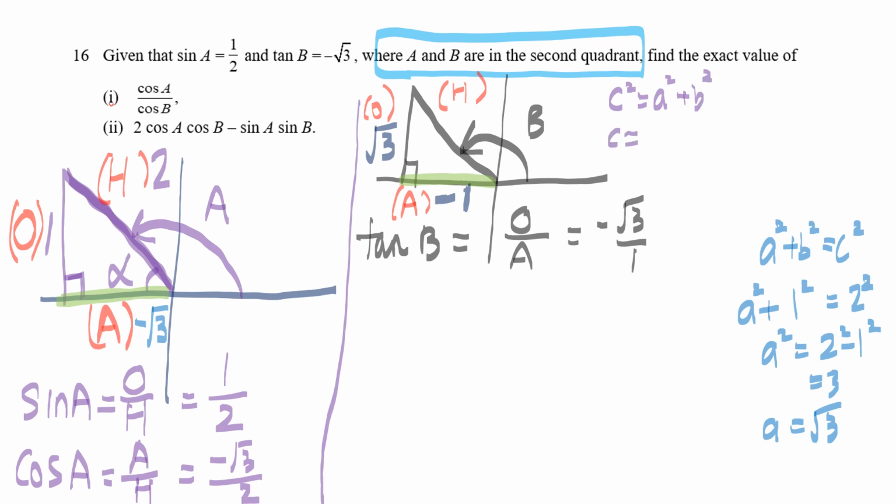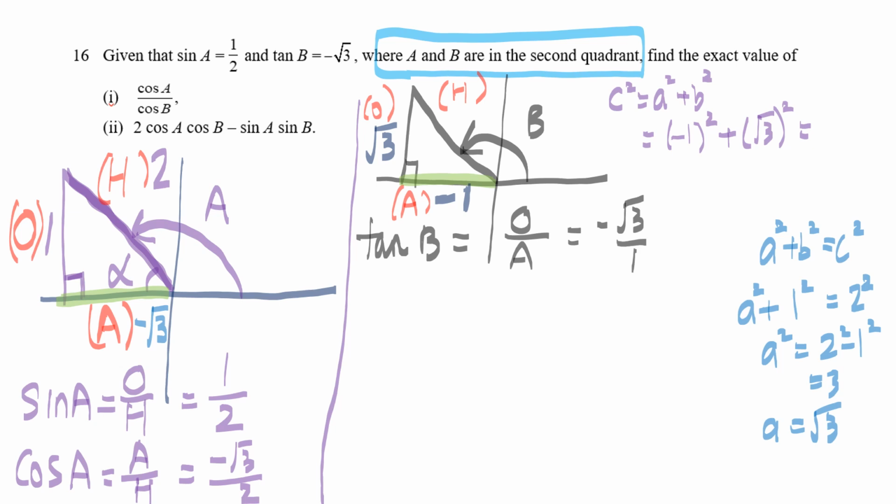So c will be, okay, let's do step by step. So a, you can let a be -1. So make sure you bracket it, bracket -1, because it's a negative number, so bracket it. Then b is square root 3, and that will give you 4.